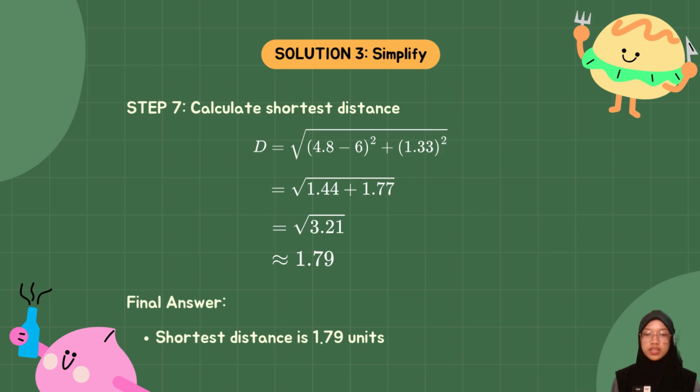Then we got the answer square root of 3.21, and the value of the answer will be 1.79. And there we go, the final answer will be 1.79 units to show the shortest distance between the ground station and the satellite.